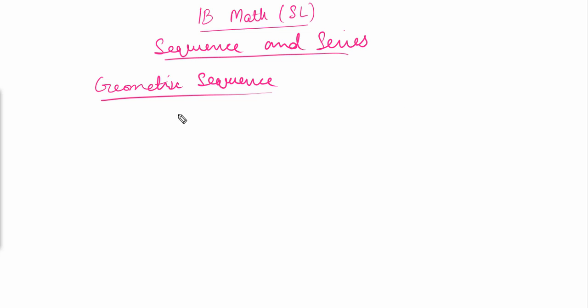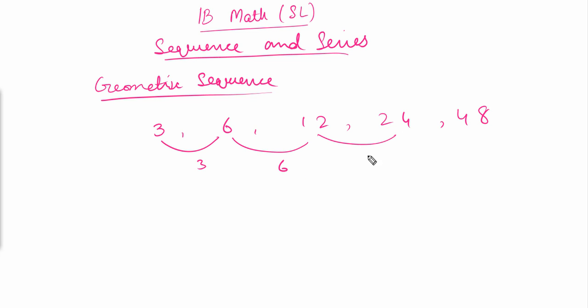For example, let's suppose the sequence is 3, 6, 12, 24, 48. In this sequence there is no common difference because 6 minus 3 is 3, 12 minus 6 is 6, 24 minus 12 is 12. But over here we have a common ratio.